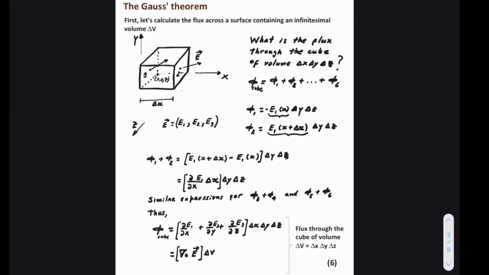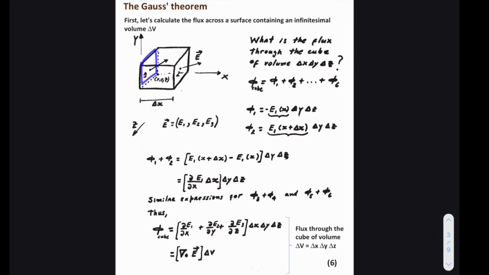Now what would be the value of the flux phi1, which is the flux through the surface 1? Now let's say the coordinate of this point is x, y, z. To calculate the flux through this surface 1, we need to find out the electric field which is passing perpendicularly through this surface.